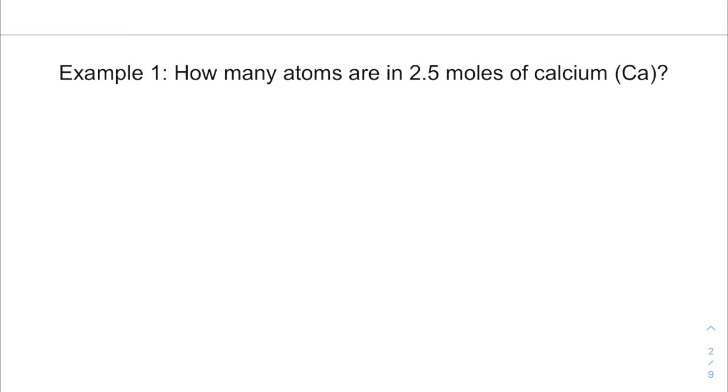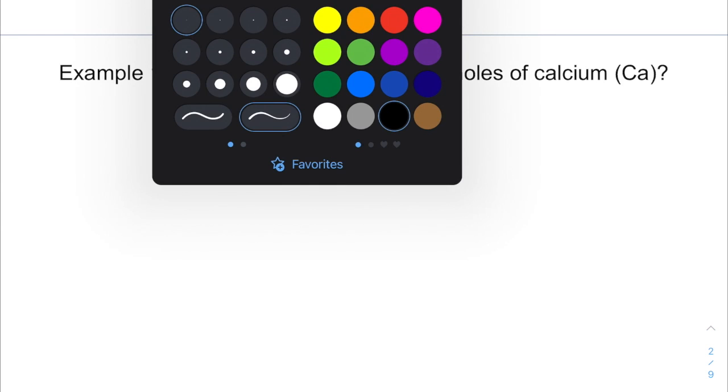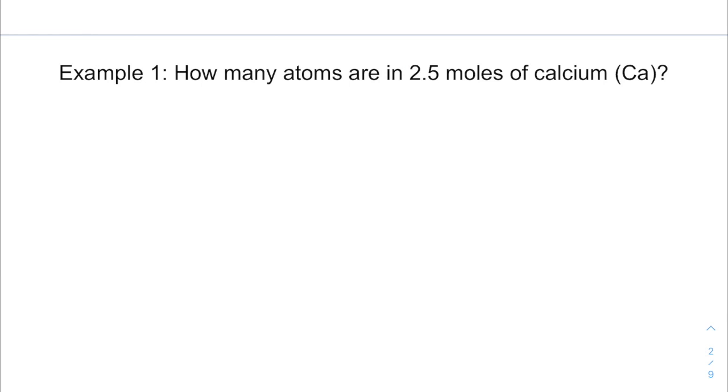Let's go ahead and start here with example 1. Example 1 asks, how many atoms are in 2.5 moles of calcium? First step I always want to do when I get to one of these chemical math problems, I want to identify what I'm starting with and what I need to end with. What's my end goal? So here I'm starting with 2.5 moles of calcium.